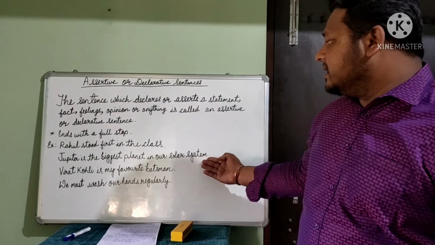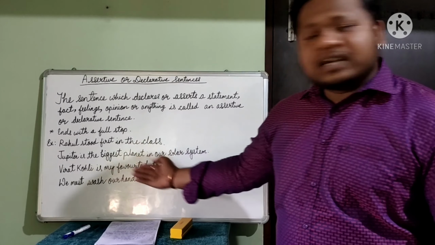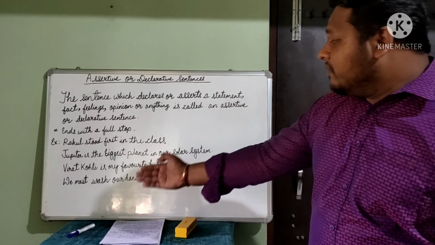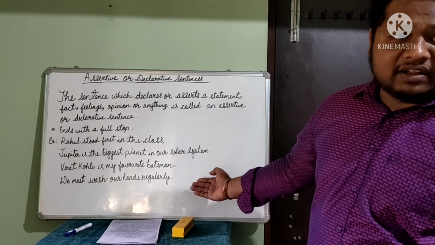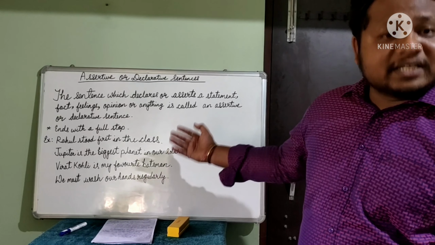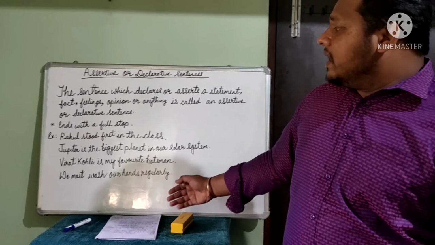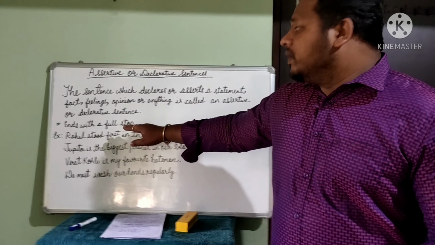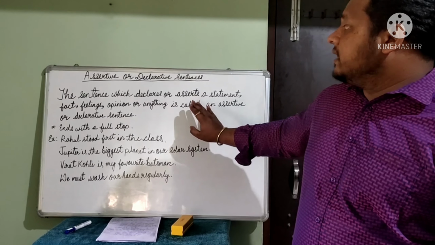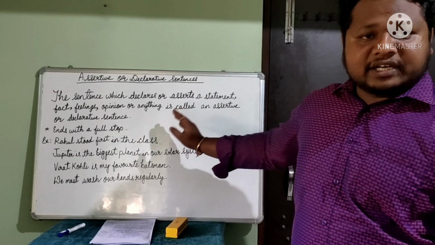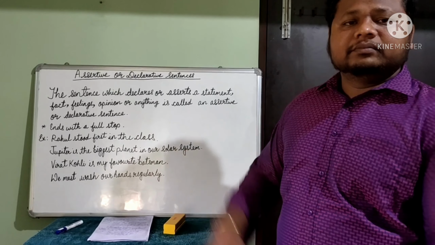Jupiter is the biggest planet in our solar system. Virat Kohli is my favorite batsman. We must wash our hands regularly. These are very common sentences we use while talking to someone or writing. All the assertive or declarative sentences end with a full stop.